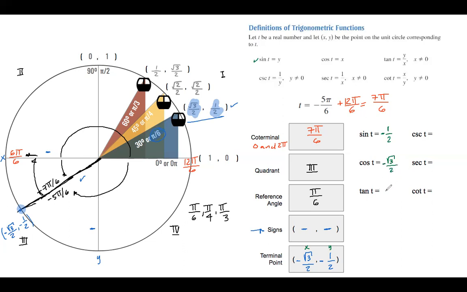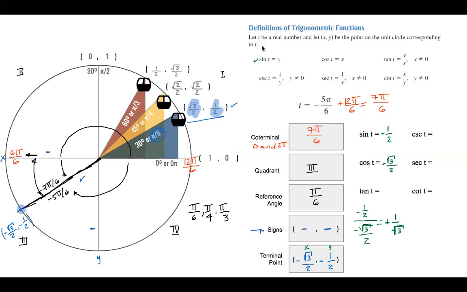And to find tangent, just divide y by x. In this case, y is equal to minus 1/2, and we're going to divide it by minus the square root of 3 divided by 2. So it looks like we're going to end up having negative divided by negative, a positive answer. Then we're going to divide 1/2 by the square root of 3 over 2. Looks like we're going to end up with 1 divided by the square root of 3.